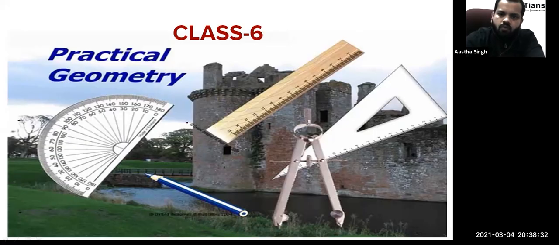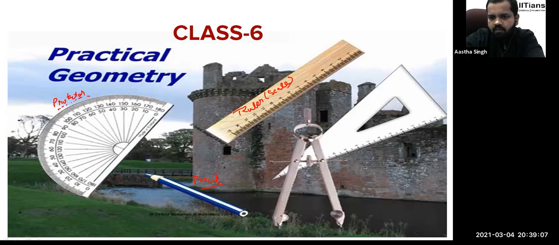I think you know the names of all the instruments. This is basically your pencil. This is your ruler, or you can say scale. This one is your protractor, used to measure angles.